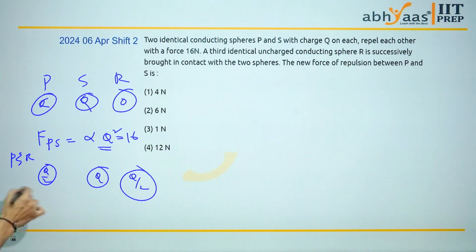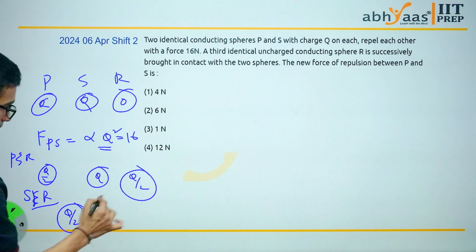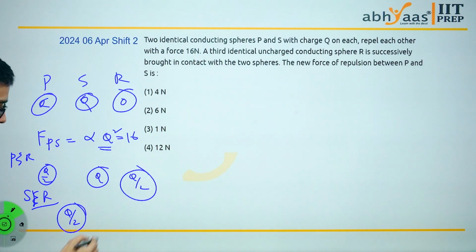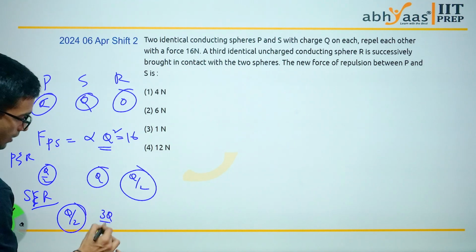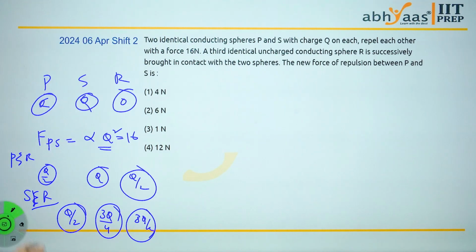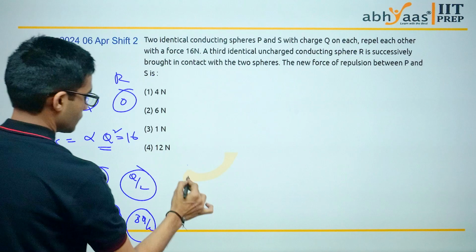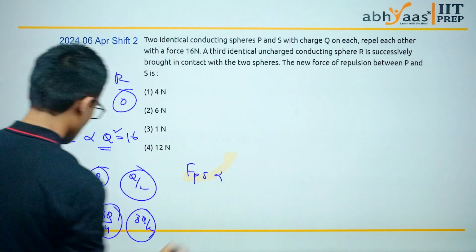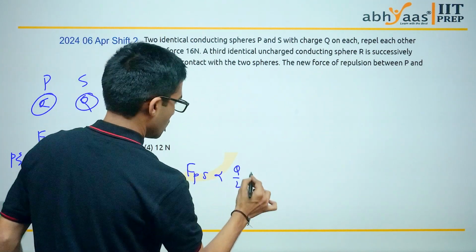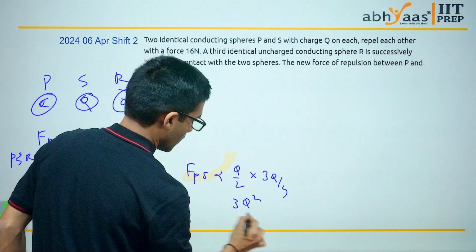Then if you bring S and R together, the Q by 2 plus Q by 2 is 3Q by 2. Dividing that by 2, it is 3Q by 4 and 3Q by 4. Now if you calculate the force between P and S, FPS is proportional to Q by 2 into 3Q by 4, that is 3Q square by 8.